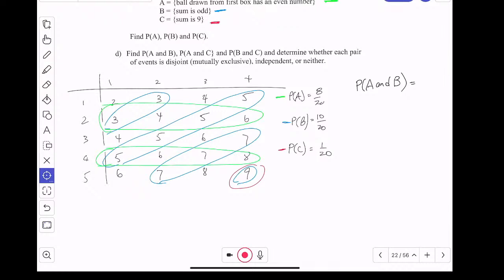That happened here, here, here, and here, right? So that's yellow. And there's 4 out of 20.